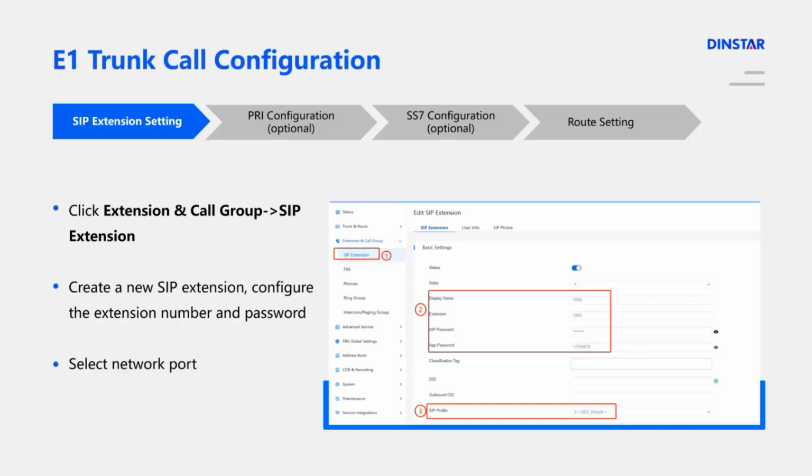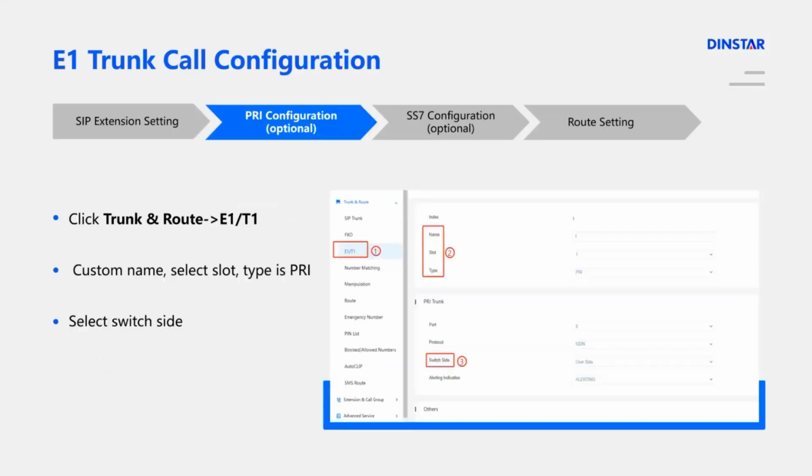We go to the E1 and T1 page, and we name the trunk, select the E1 slot, and set the type as PRI. And for the PRI, we have to choose the switch side. Yeah, this matches your telecom provider setup.